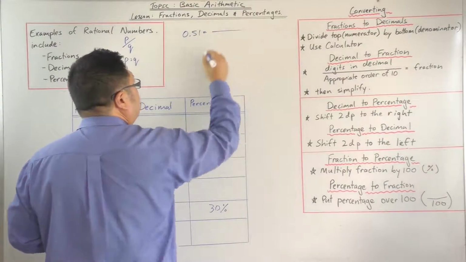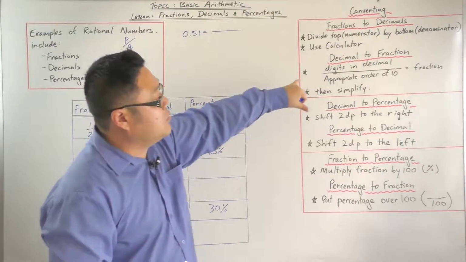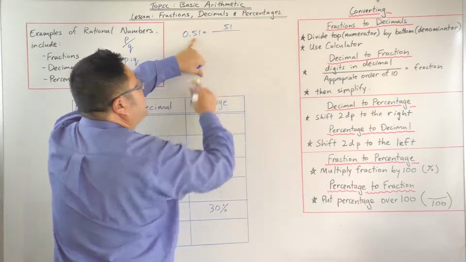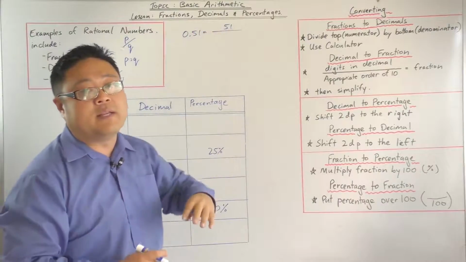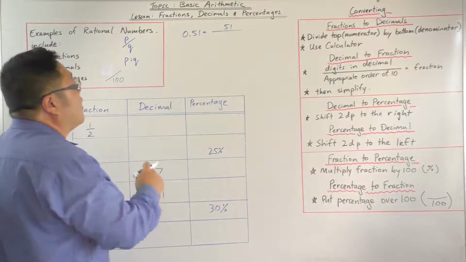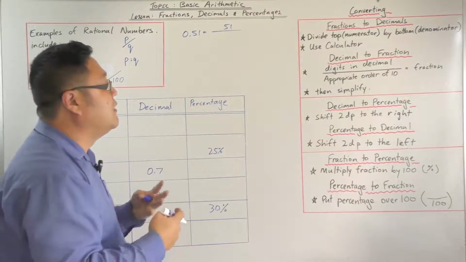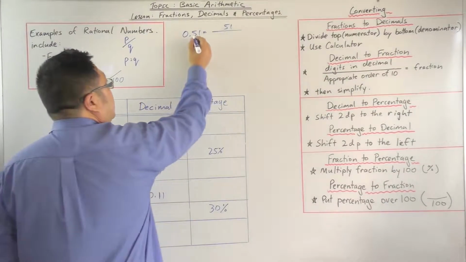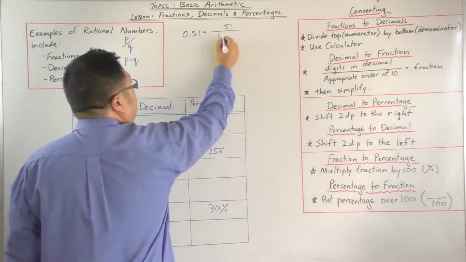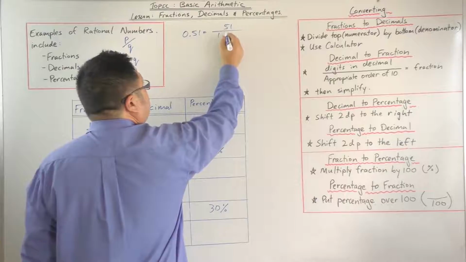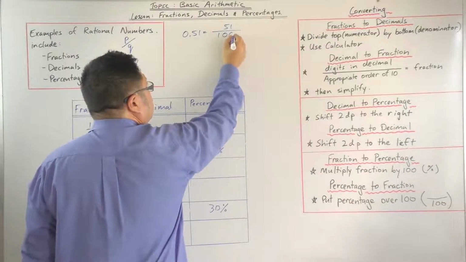0.51. The digits in the decimal on the top will be 51. You don't have to worry about the 0 because 051 is still 51. On the bottom, you want the appropriate power of 10, and in this case you're going back 2 decimal places, so it's 1 with 2 zeros.